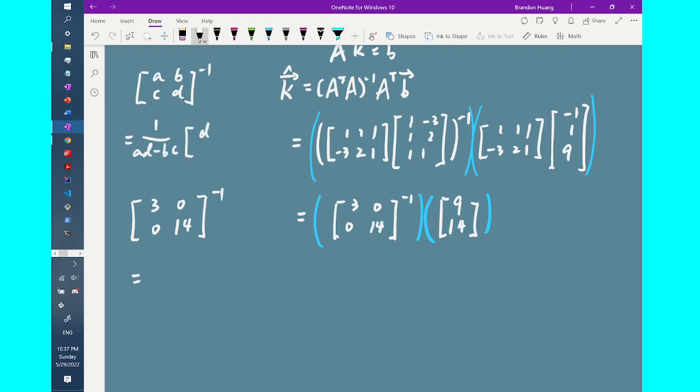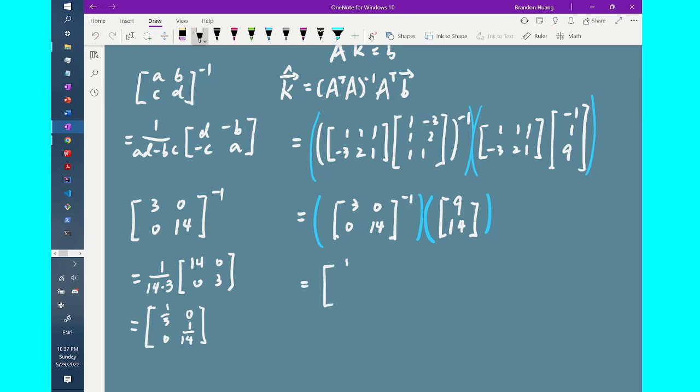D, negative B, negative C, A. So applying this formula, which we derived in lecture or in worksheet or in homework, we can dictate that the inverse of the matrix I have above, which is 3, 0, 0, 14, looks something like this. Which then grants me this matrix that is 1/3, 0, 0, and 1/14.